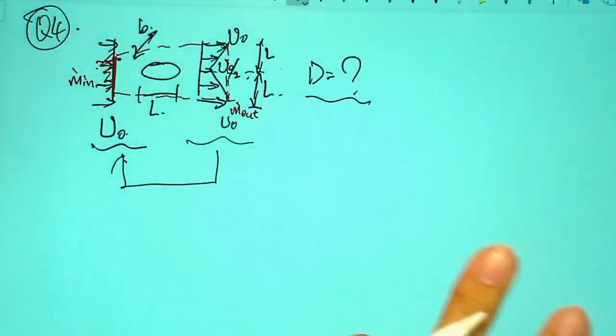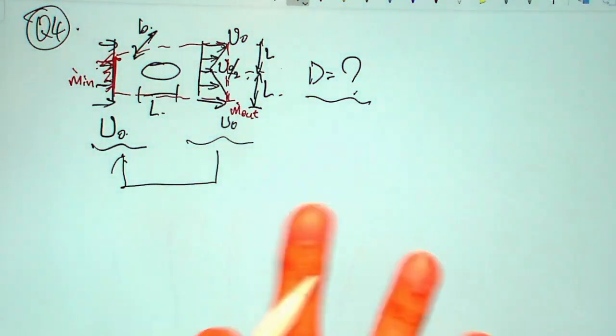So that should be equal. That should be equal. Is that clear at this step?